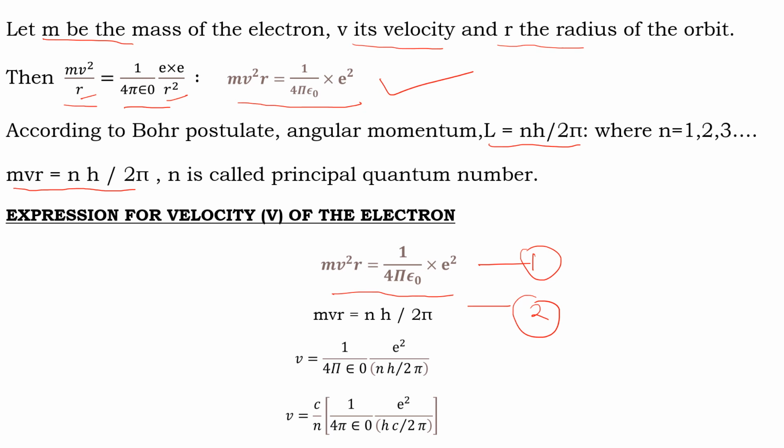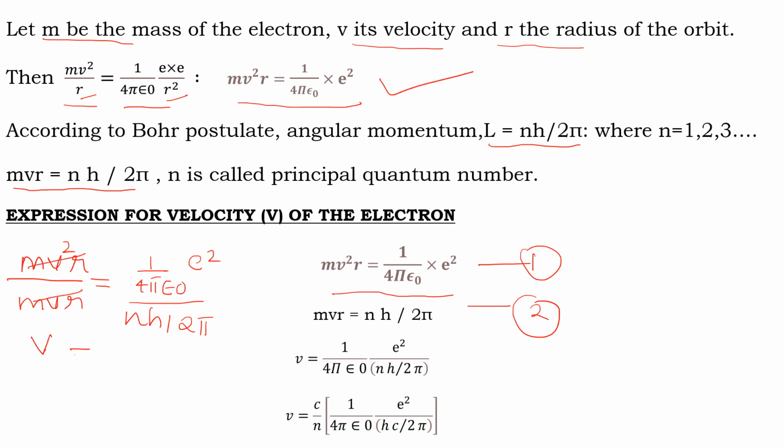dividing equation 1 by 2 will give mv² r divided by mvr is equal to 1 by 4 pi epsilon 0 e² divided by nh divided by 2 pi. Here the mvr and mvr will cancel.